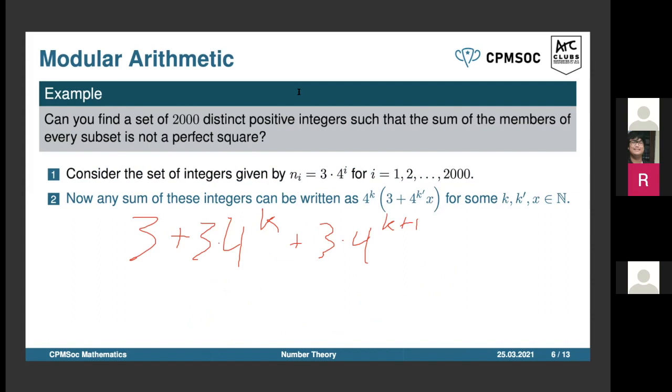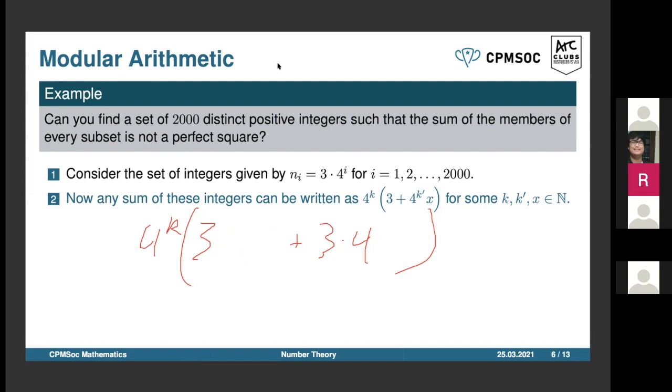But if we were to remove the 3 and just consider those 4s, if we factor out 4 to the k, then we end up just removing this and removing this, right? And this is now not a perfect square.